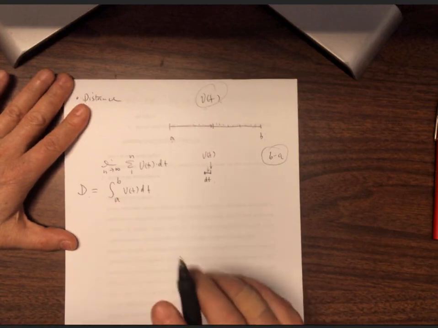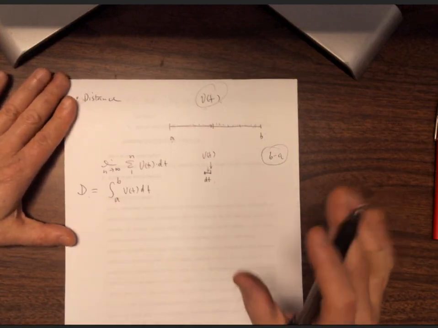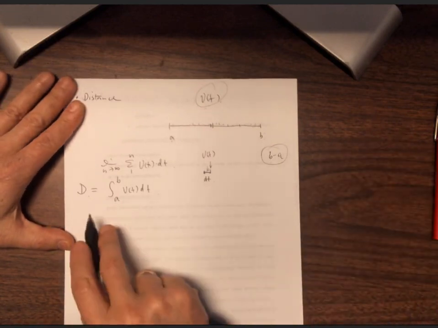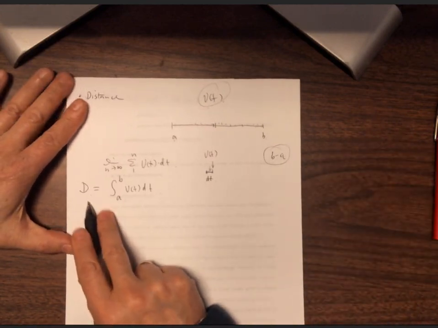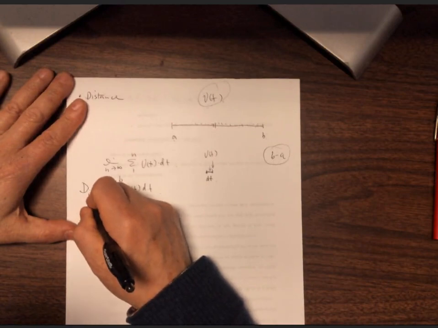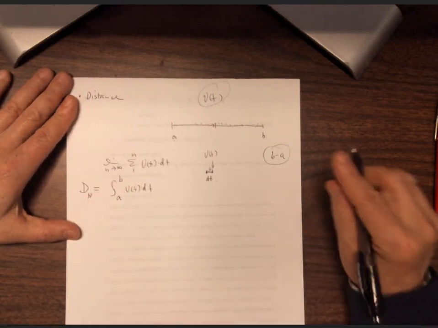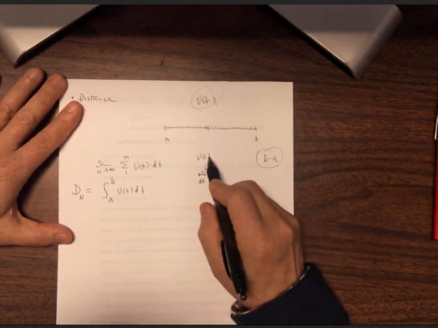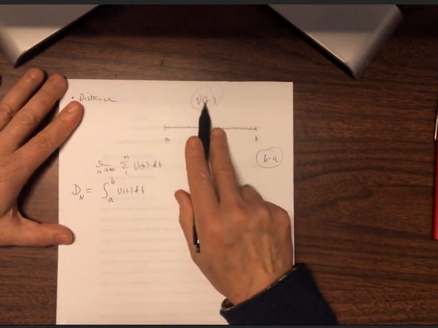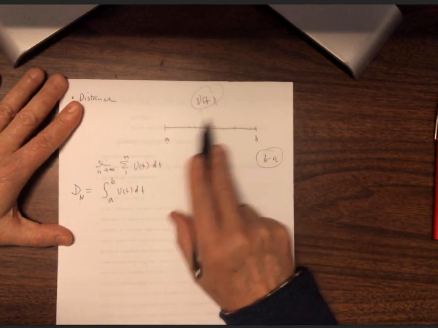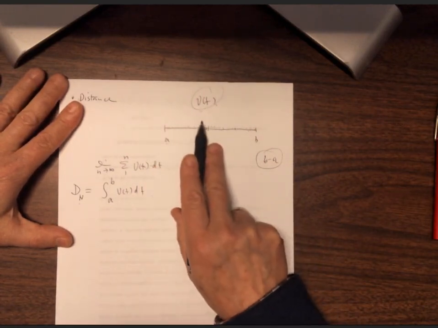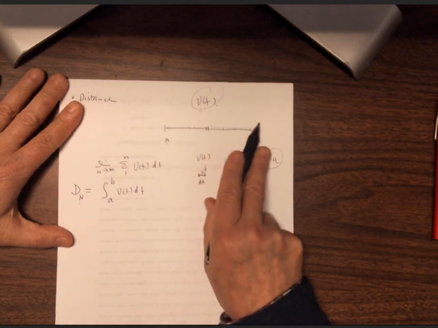But actually there are two types of distances we are interested in physics. This distance will give us what's called the net distance. What it means is, when we do this, the velocity function could be positive, could be negative. When velocity is positive, we're adding the distance going forward.